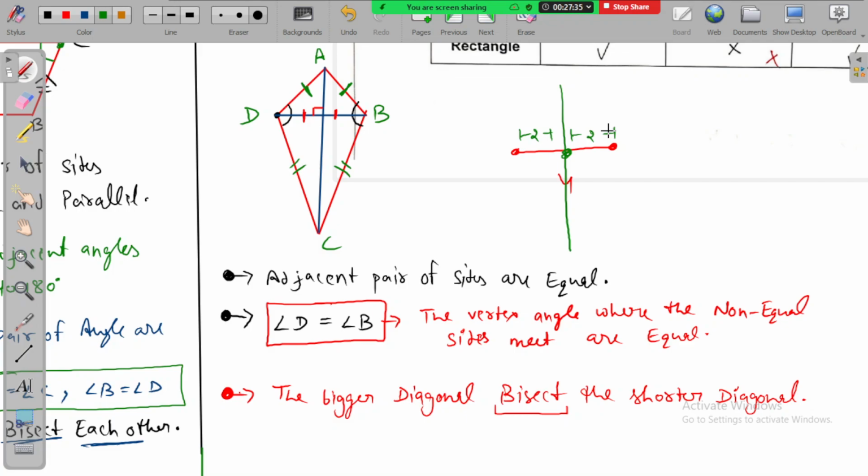Is it clear? Whenever you get the word bisect, it means dividing equally into two parts. The bi means dividing in two parts, and both parts will be equal. So the bigger diagonal bisects the shorter diagonal, and they make a 90-degree angle when they cross each other.